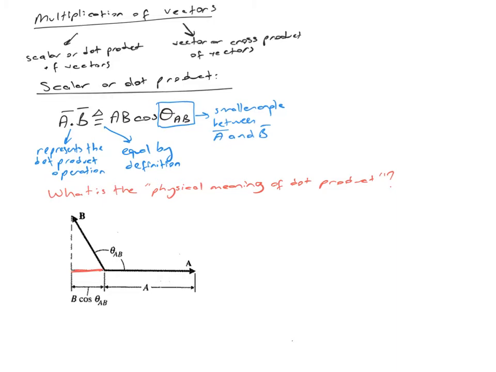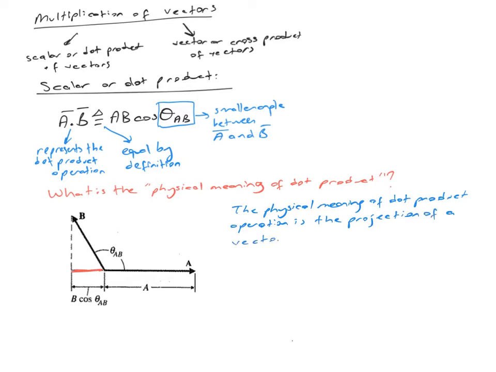The physical meaning of dot product operation is the projection of a vector on another vector. And one important note is the result of dot product operation is a scalar.